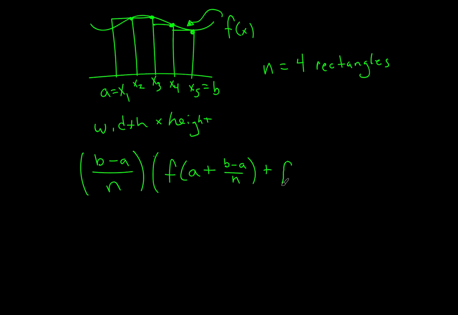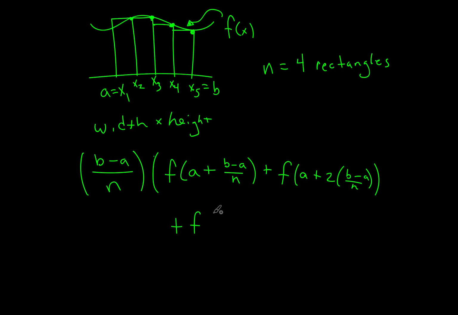The next one, the height of this rectangle, is going to be whatever the height at this subinterval piece would be, which is 2 rectangles over, right? 2 widths over. So we could again think about this as starting at a and adding 2 times b minus a over n, because that's what those widths are.